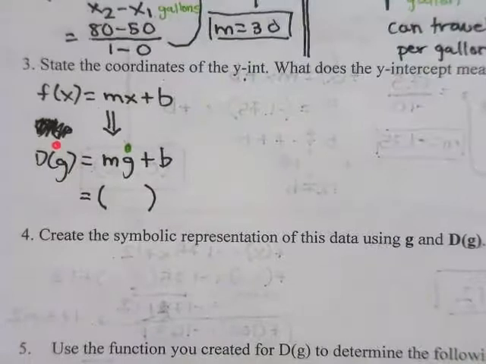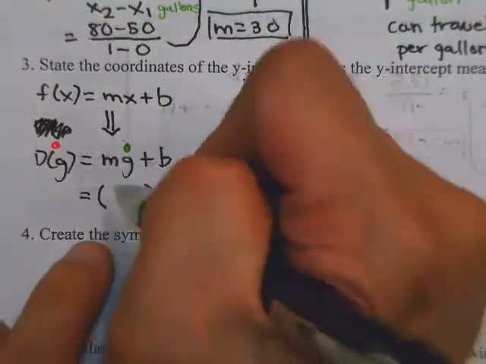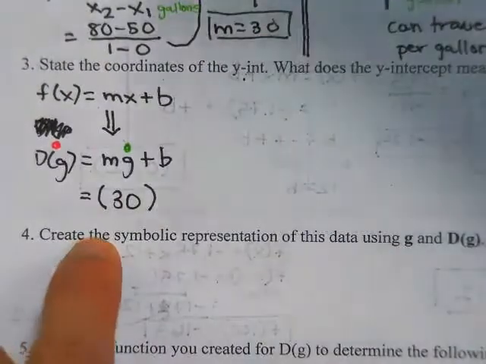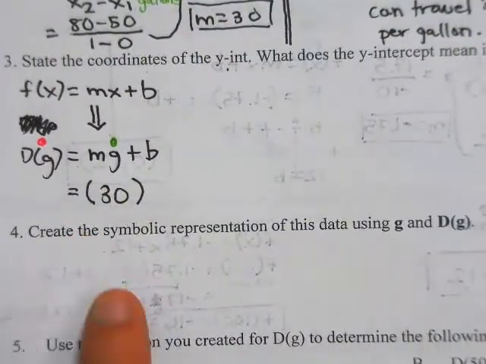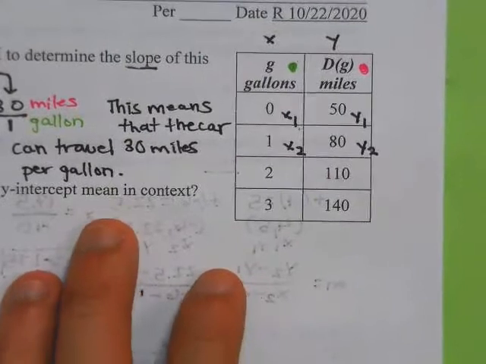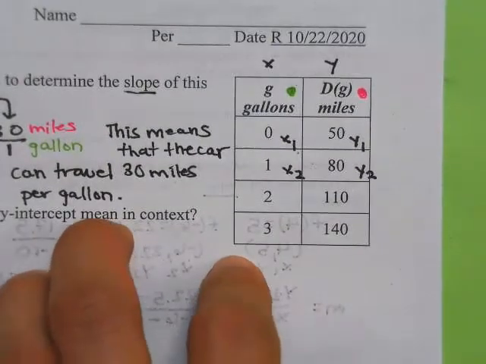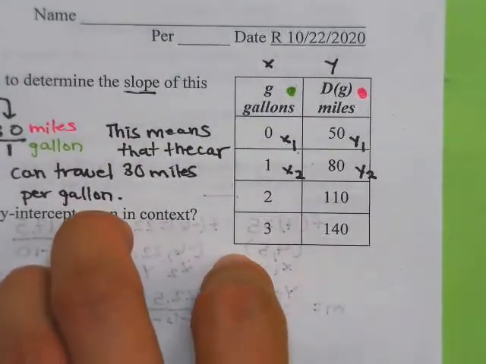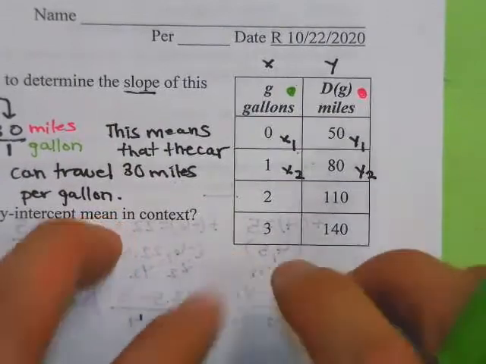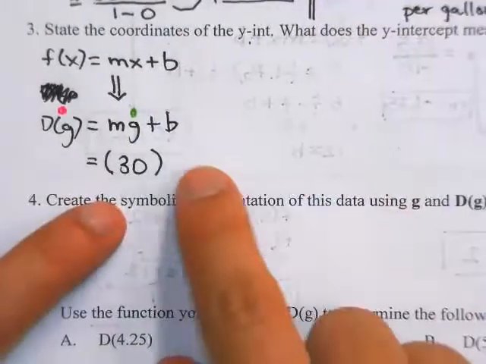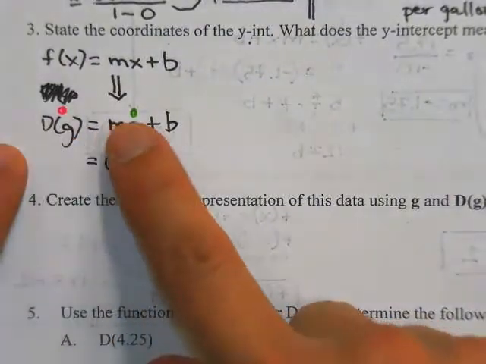Students, what was the m that we saw for like 5 minutes ago? 30. Let's put that in. Anyone, pick an x value. 2. I heard 2 first. Be careful. Where are we going to plug in the 2? The d of g or the g?